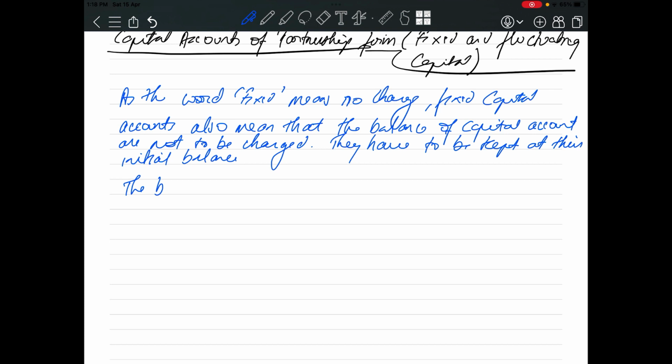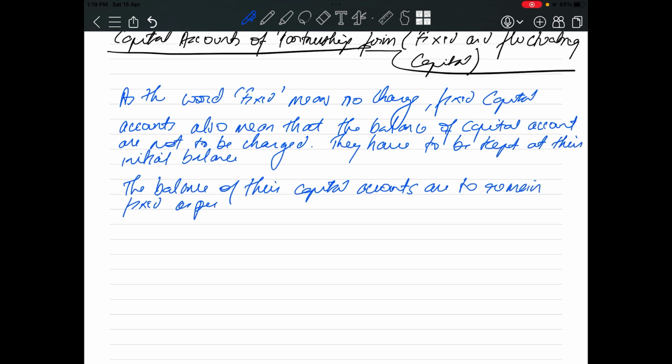The balance of their capital accounts are to remain fixed as per agreement among partners.